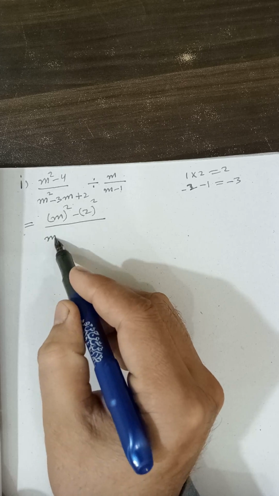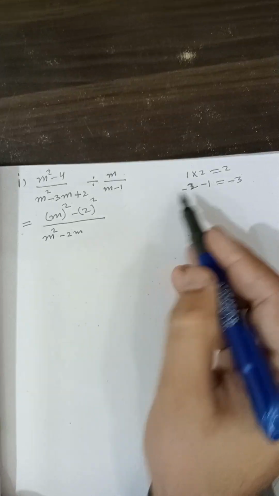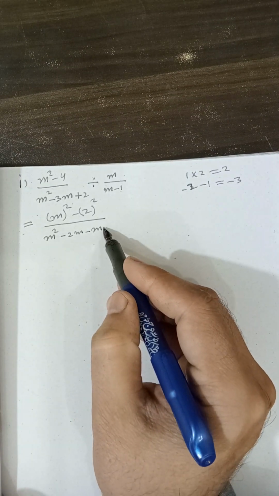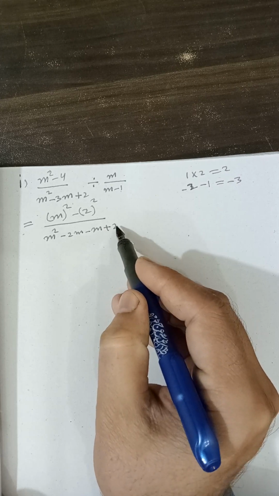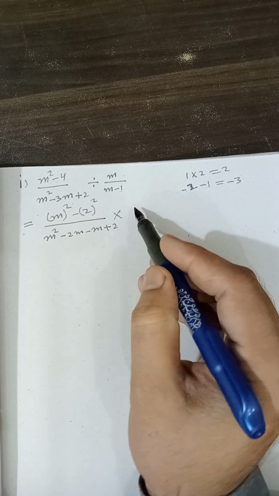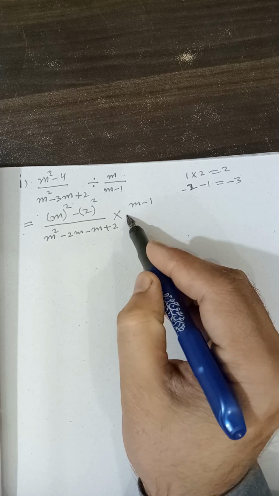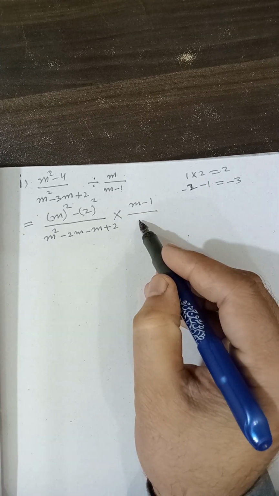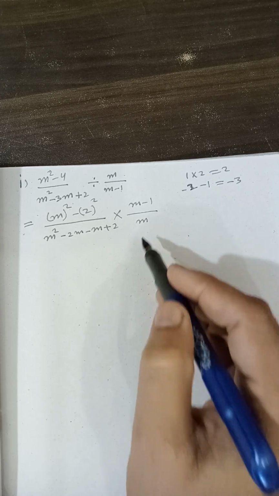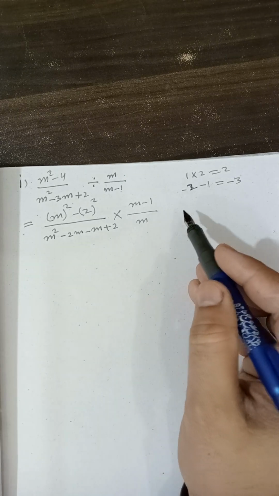Try this pair: m square minus 2m, this minus 2, and minus m plus 2 in the denominator, and change this division sign into a multiplication sign. Here is minus 1 in the numerator, and this m will be brought to the denominator. Now see here, a square minus b square, this is the identity.